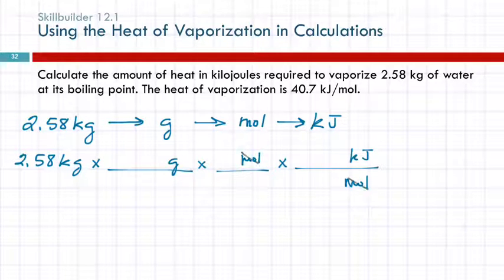We want moles to cancel. We want grams to cancel. And we want kilograms to cancel. Well, this is the one that's given to us, 40.7 kilojoules per mole. Well, here I have kilojoules over moles. So 40.7 goes with the kilojoules. And if I really need a number down there, it would be 1.